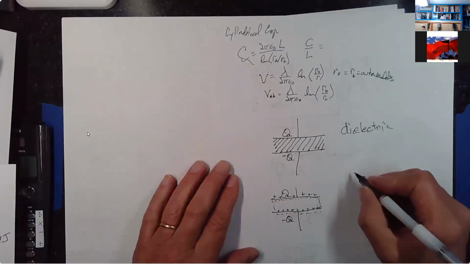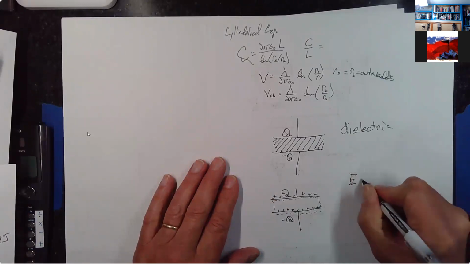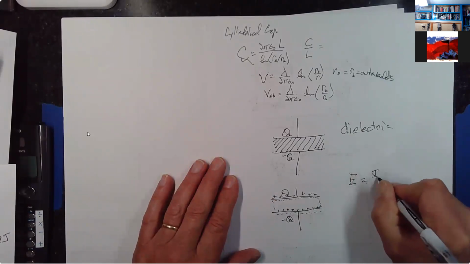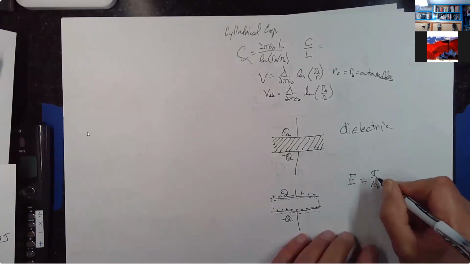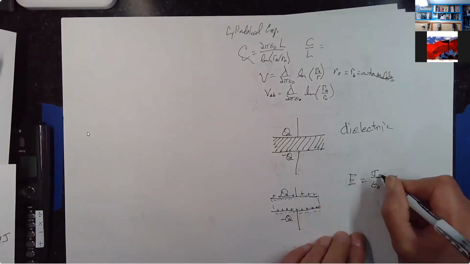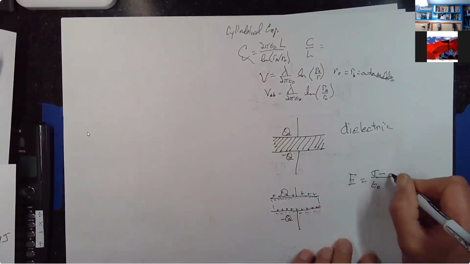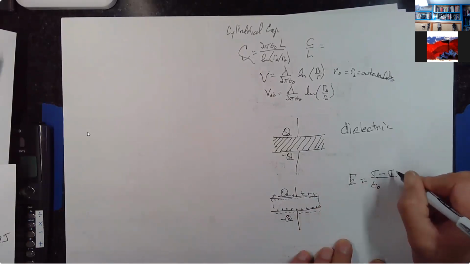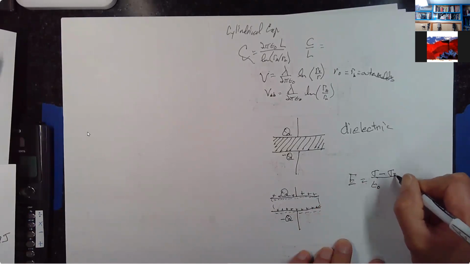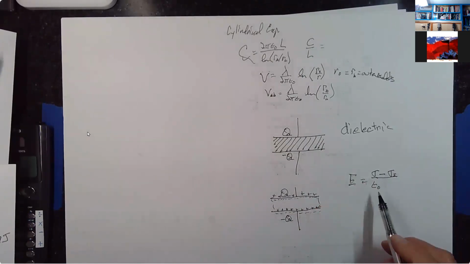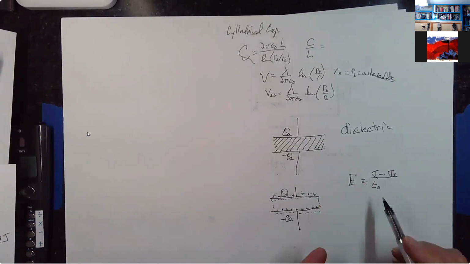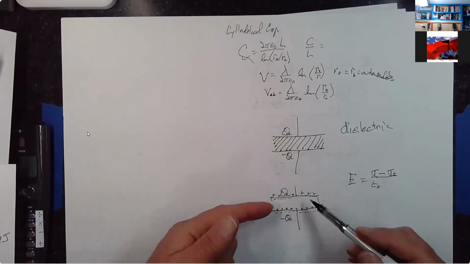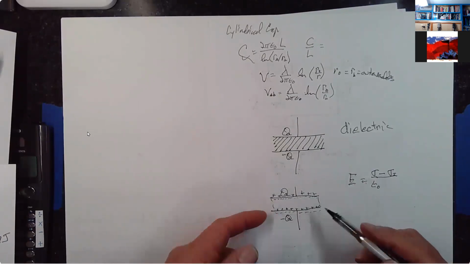And so remember, the electric field strength is the charge density divided by epsilon naught. Well, there's the regular charge density, but it'll be partially canceled by an induced charge density. And so you end up with a smaller electric field, and that smaller electric field means there's a smaller potential difference here.